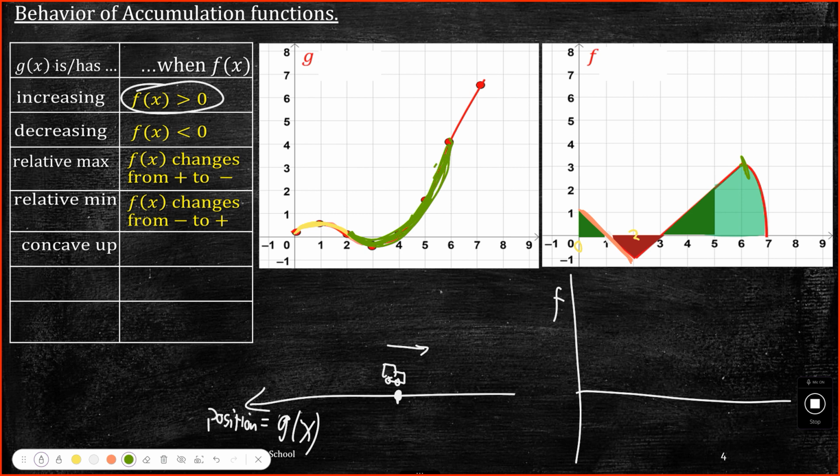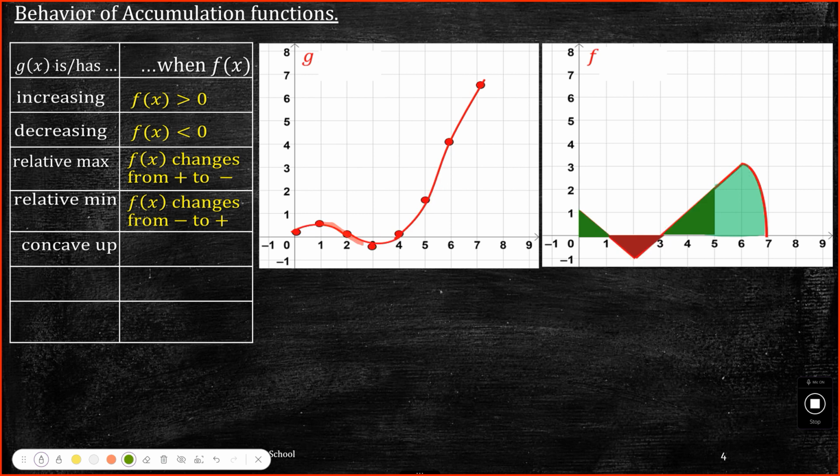It should be more like that, no? So this is concave up when this has a positive slope. The slope of the velocity is positive. And so what are we going to say about concave up? Concave up is when f of x has a positive slope. Okay.